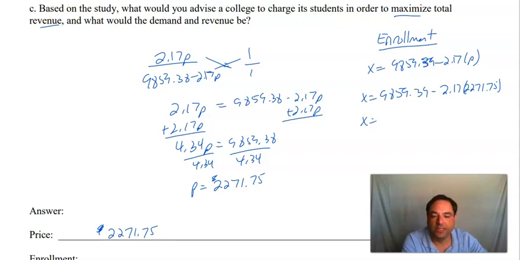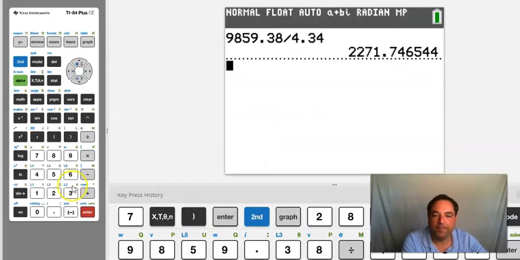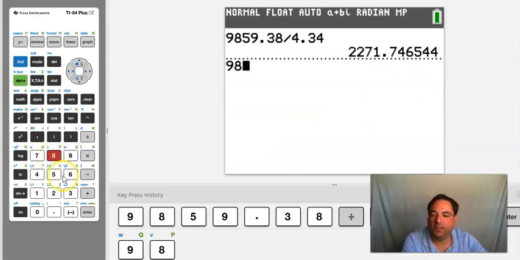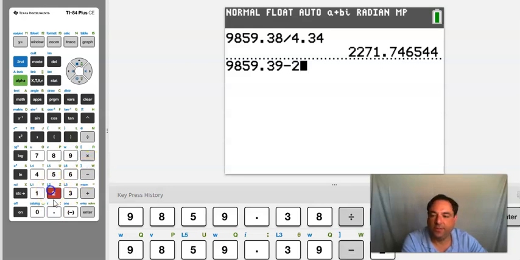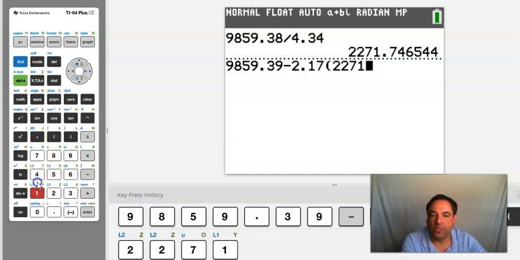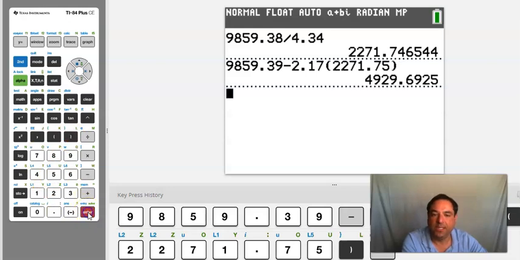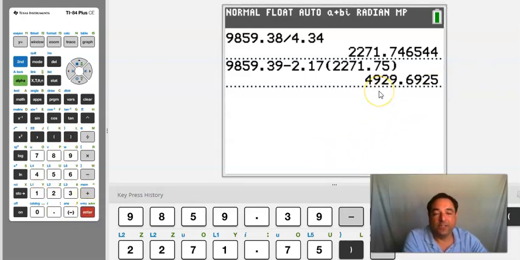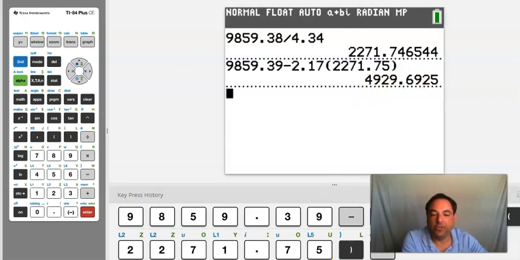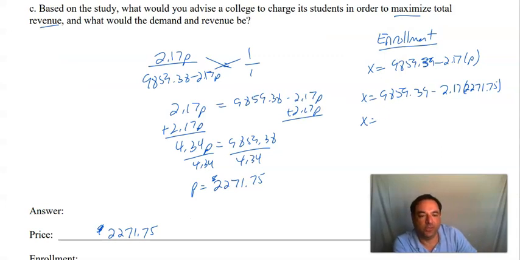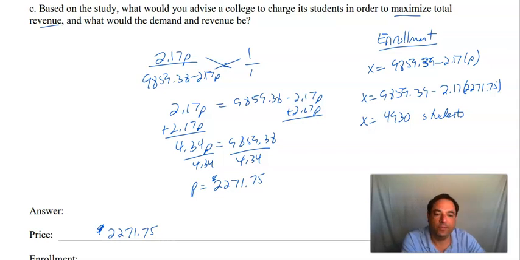So if we go to the calculator, type that in, 9859.39 minus 2.17 parenthesis 2271.75 close parenthesis, hit enter. That's 4,929.69. So if we round that off to students, it's 4,930 students. That's how many students we'll have at that price.